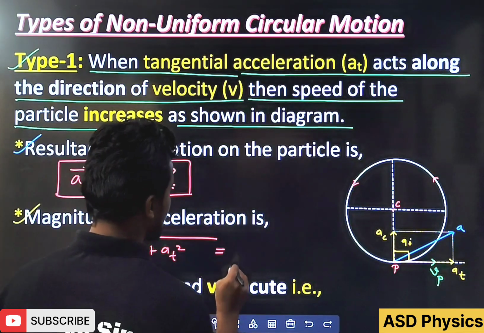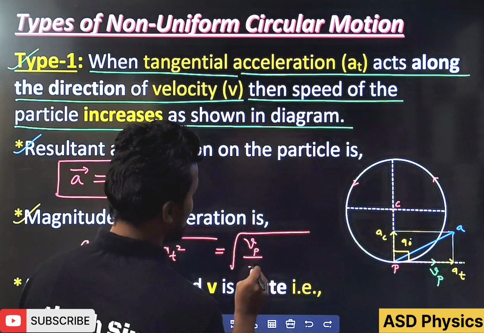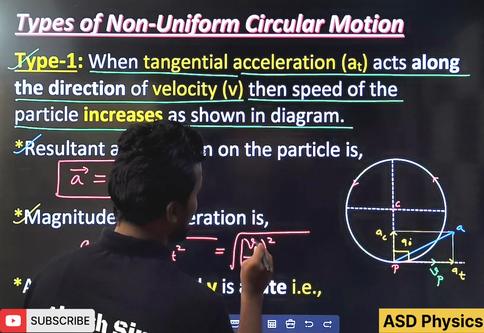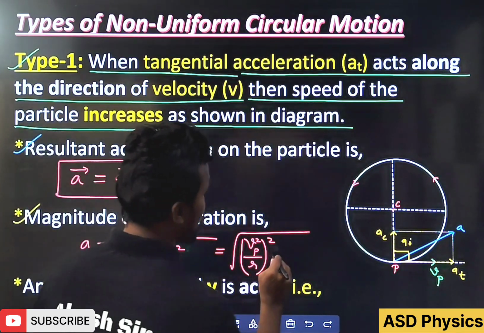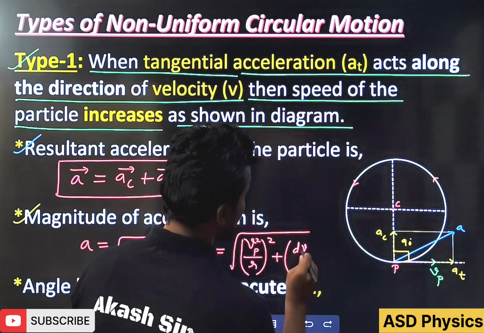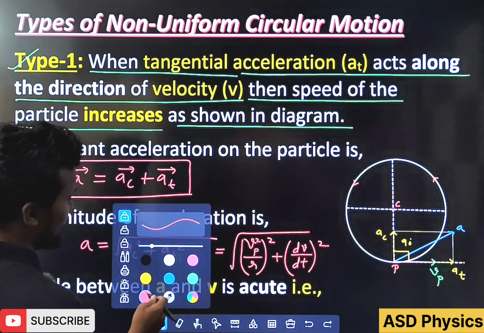And what is AC? It is V square at point P, that means Vp square by R, the whole square here. And AT is given by dV by dt, whole square. So this is the magnitude.